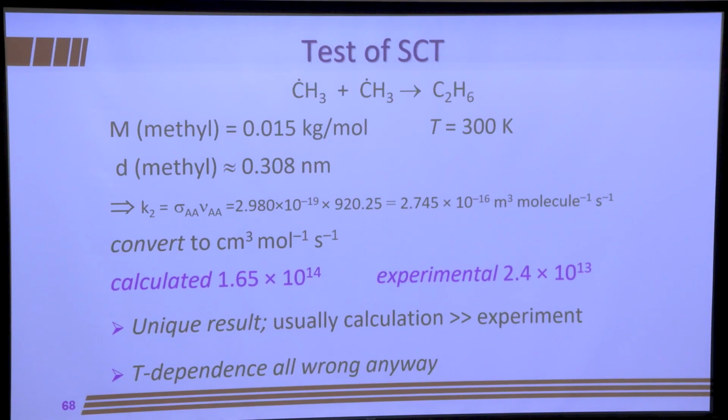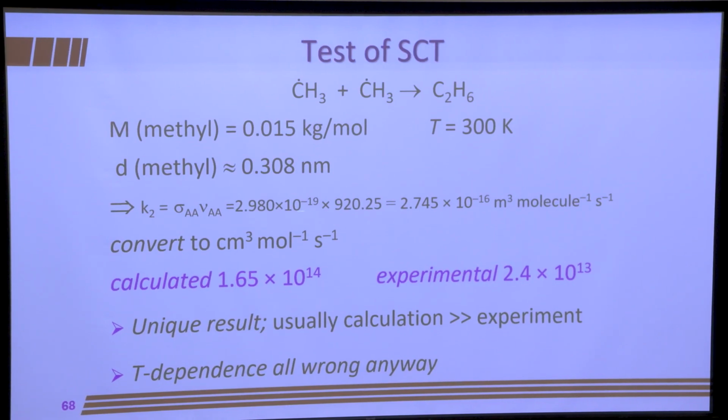So let's test simple collision theory. We have methyl plus methyl giving us C2H6. The relative molecular mass of a methyl group is 0.015 kilograms per mole. We're at 300 Kelvin, and the diameter is 0.308 nanometers. The rate constant is equal to sigma AA times nu AA, which is 2.98 times 10 to the minus 19 times 920.25.